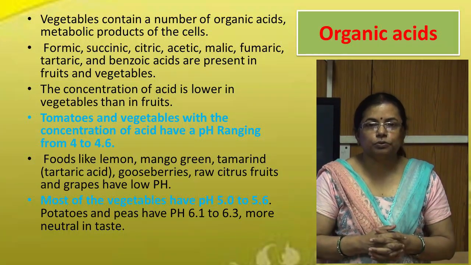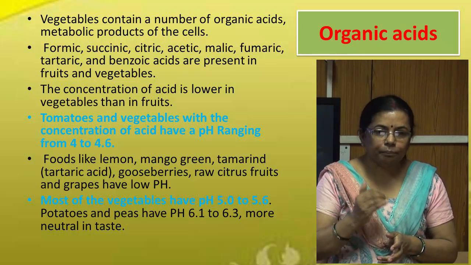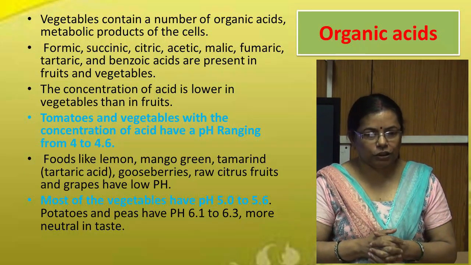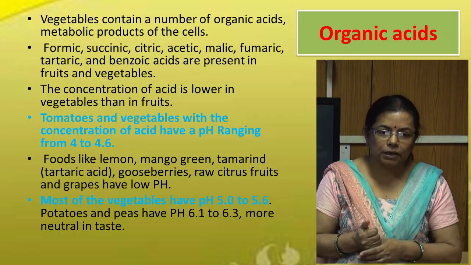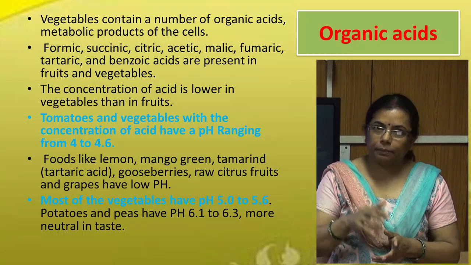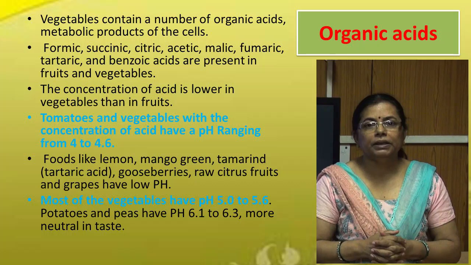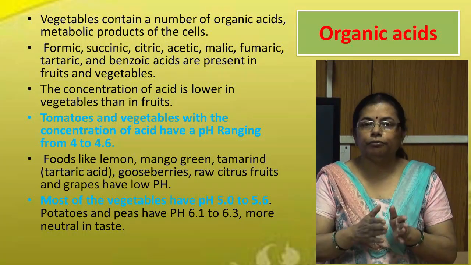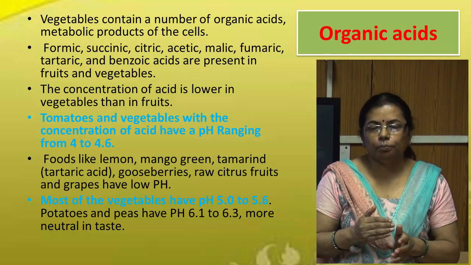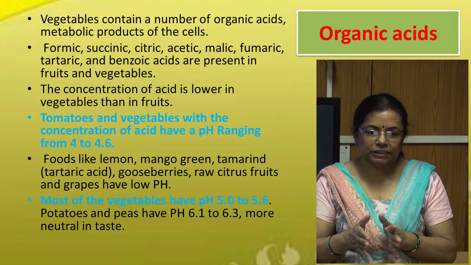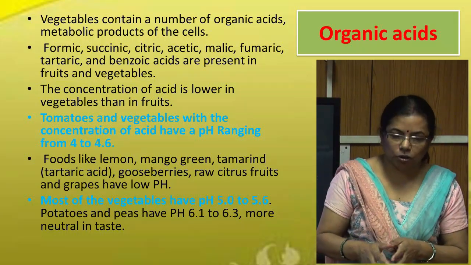Tomatoes and vegetables with higher concentration of acid have pH ranging from 4 to 4.6. Fruits like lemon, tamarind, green mango, raw citrus fruits and grapes have low pH. Most of the vegetables have pH ranging between 5 and 5.6. Potatoes and peas are more neutral in taste, and pH ranges from 6.1 to 6.3.